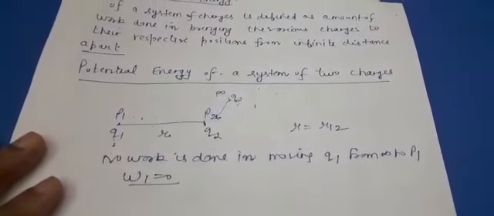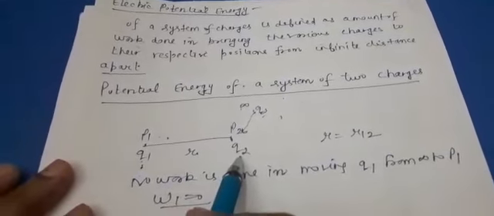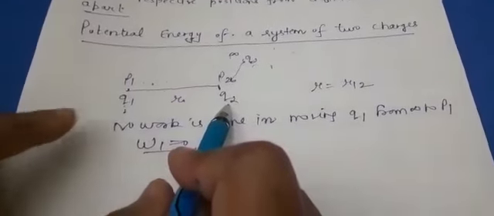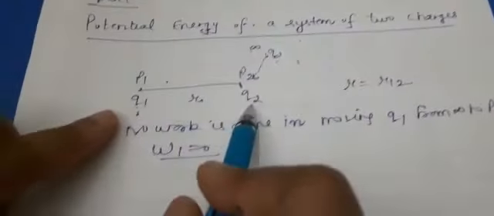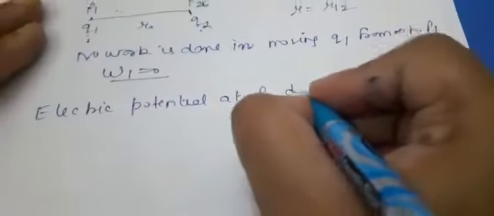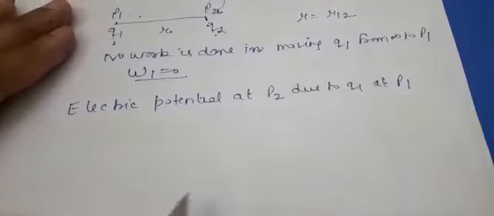First of all, what point we have to understand here is that Q2 is brought in a region where the original electric field of Q1 is present. So due to this, potential will be present. So you can say electric potential at P2 due to Q1 at P1.